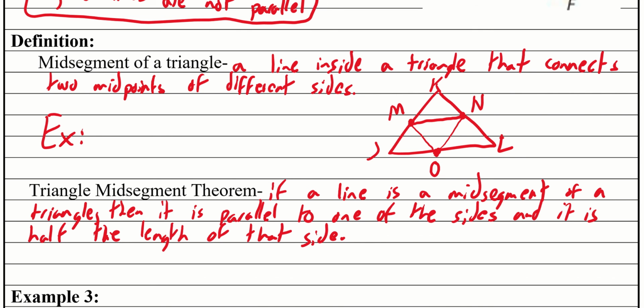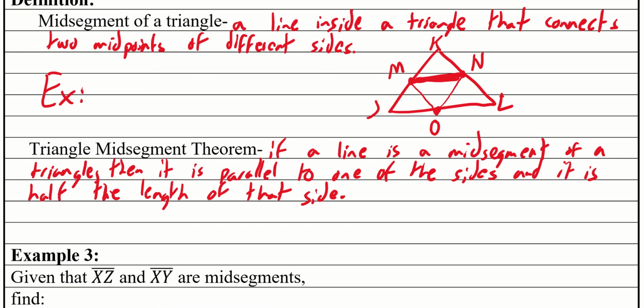First thing that I know is that it's going to be parallel to one of the sides. And you'll know which one that is because it's the one that it doesn't intersect, doesn't cross over with. And then secondly, other than just being parallel to that side, it's also going to be exactly half the length of that side. So if we're using our example, if I see MN is a midsegment, the side that it has to be parallel to is the one that's not intersecting, so JL.